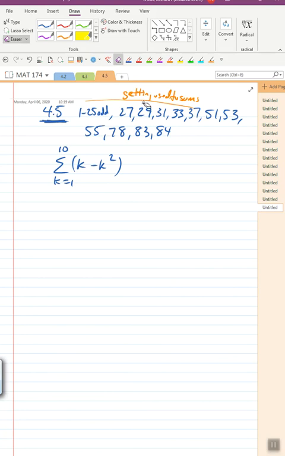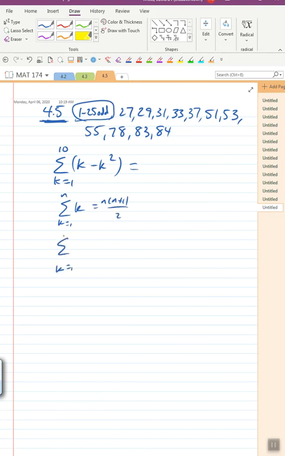Yeah, so when I say the first part is getting used to sums, I think that's largely this part right here. So what is this one? We know the summation of the k's is n times n plus 1 over 2. We know the summation of the k squareds is n times n plus 1 times 2n plus 1 over 6. So he's just got you playing with these formulas. This would be the sum k equals 1 to 10 of k minus the sum k equals 1 to 10 of k squared.